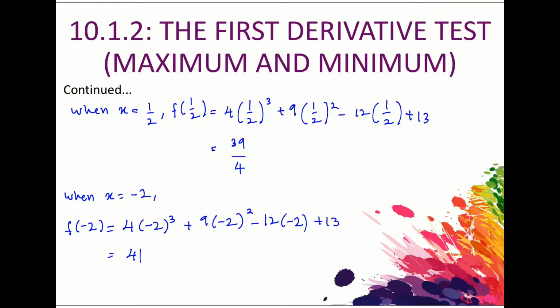So for the relative maximum or minimum, we don't know yet which one is maximum and which one is minimum, but we do have the coordinates. So the coordinates are (1/2, 39/4), and the other one is (-2, 41).